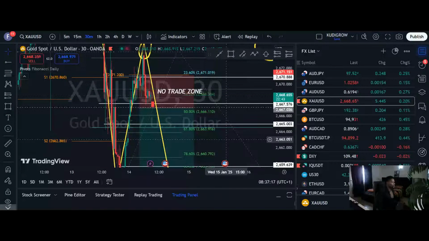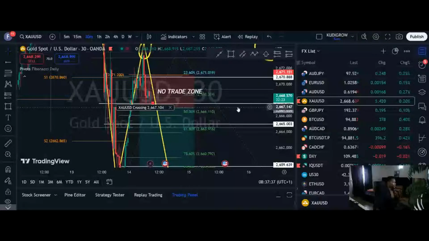Then if you now get a close like this and the next candle breaking the low of that, you want to risk a total of 2% in this trade. Don't go in with more than 2%. All right, do that.